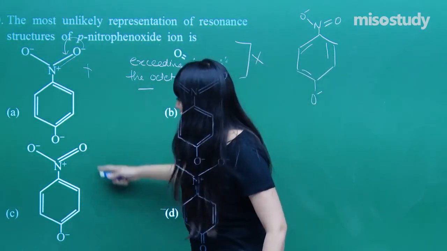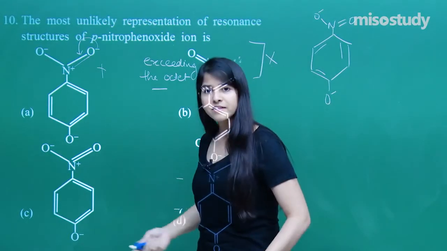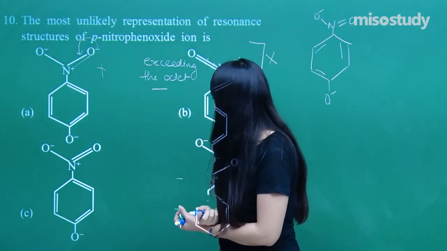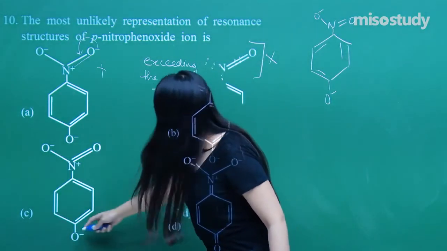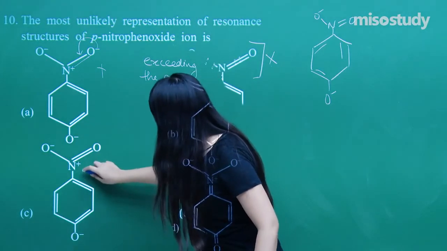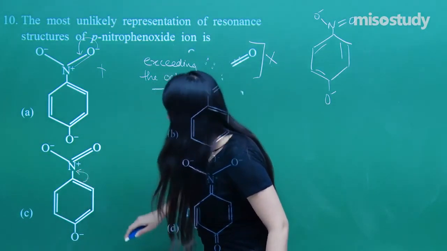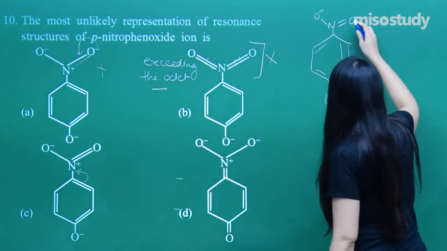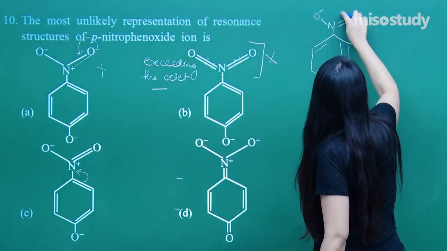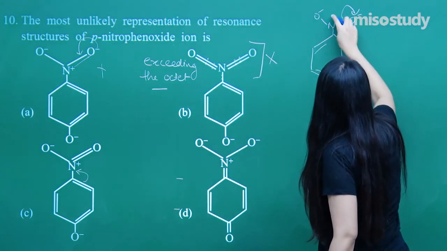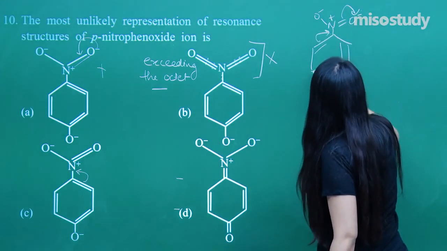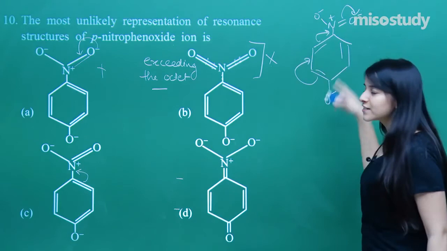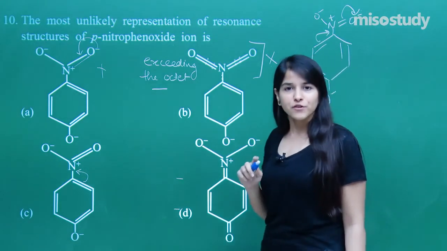As you can see over here, again this is a possible representation. If I shift these very electrons, now the resonance starts within the phenoxide ion. See here very carefully. The negative charge over here, positive here, and that is how the resonance starts into the para-nitrophenoxide ion.